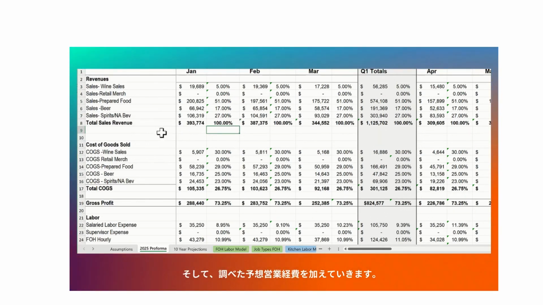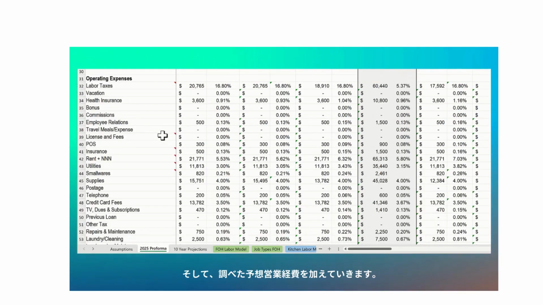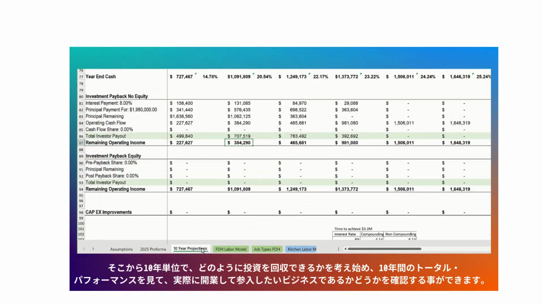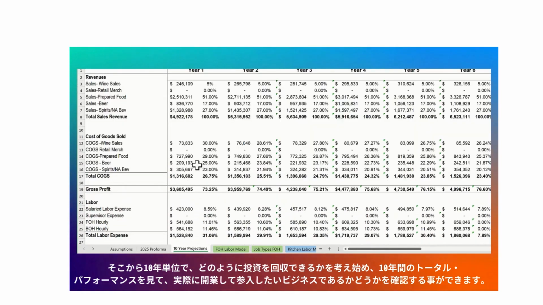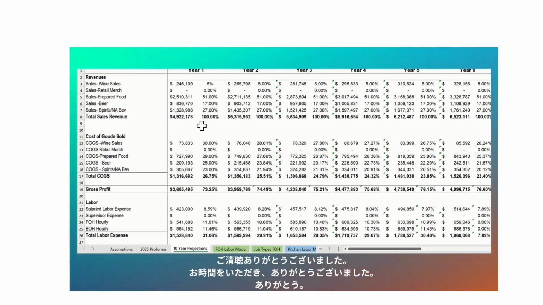And we would go through and add in our operating expenses that we're predicting. From there, we would take our 10-year and start thinking about how we would pay back investments, and also look at our total 10-year Proforma to make sure that this is a business we actually want to open and get into.